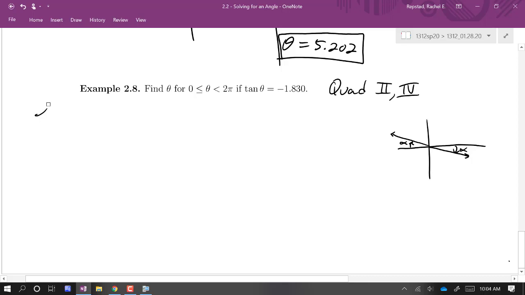So tan of alpha, we set up a new equation. Tan of alpha is a positive 1.830. We're finding that first quadrant angle first. So alpha is arctan of 1.830.